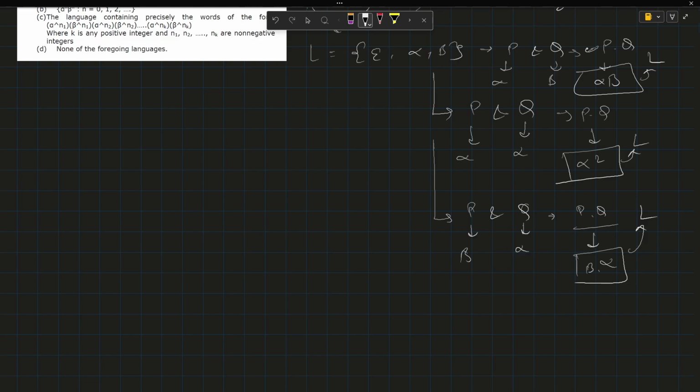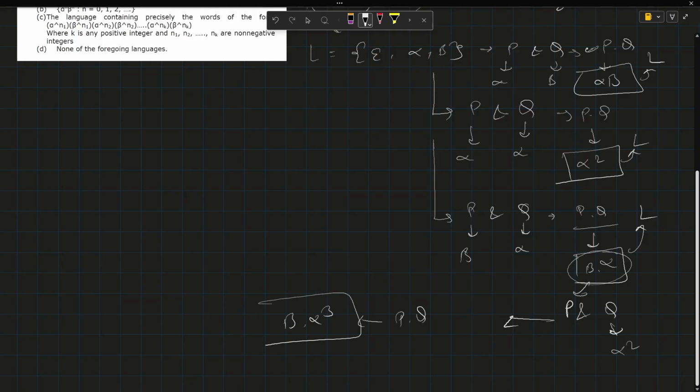Since it is also in L, I'm going to take it as P and take Q as the earlier one, alpha squared, so PQ looks like beta alpha cubed.